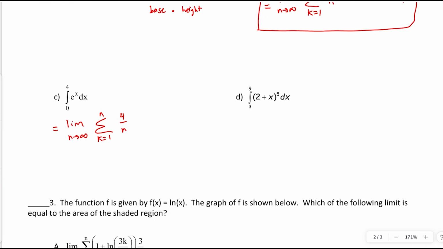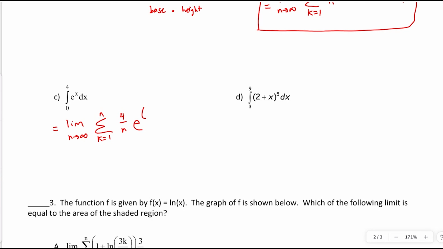And then times the height of each one of those rectangles. e to the power of, and our lower bound here is 0.